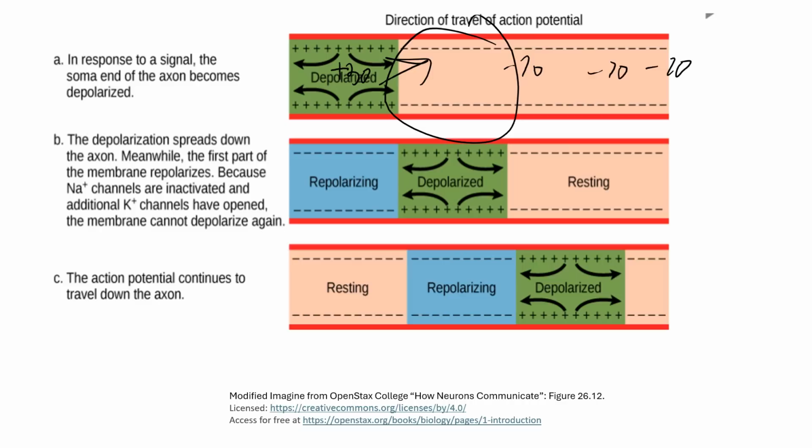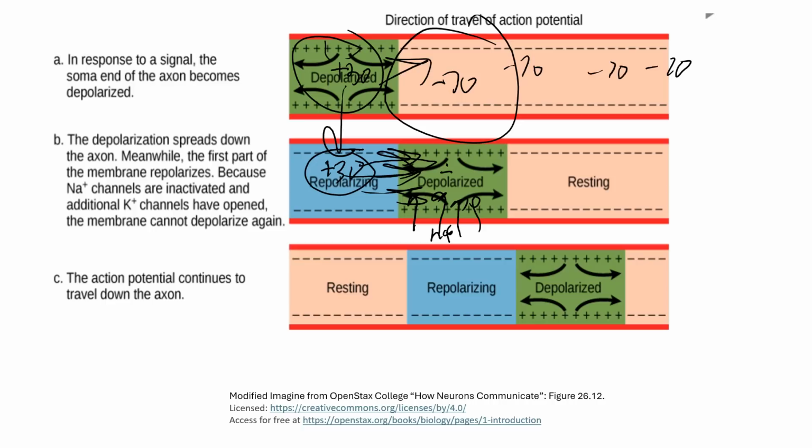Well, the next region depolarizes because the action potential, that electrical impulse, moves from that first region into the next region of the axon, where it's still, to start off with, negative 70. And as it gets that region of the axon to threshold, drives it up to negative 55 millivolts, voltage-gated sodium channels open up, sodium shoots in, and that depolarizes that region, right?